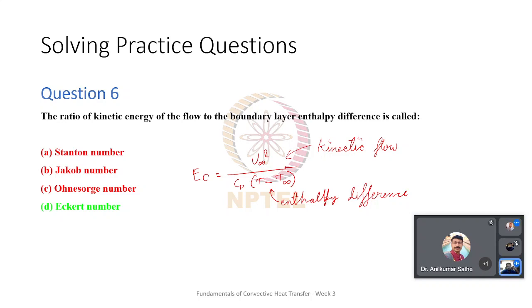But in normal incompressible flows where the pressure difference as well as the related flow velocities are quite low, we can neglect Eckert number as well as the terms associated with it. The terms associated with it are the material derivative of pressure as well as the viscous dissipation. So that's the significance or relevance of Eckert number in convective heat transfer.